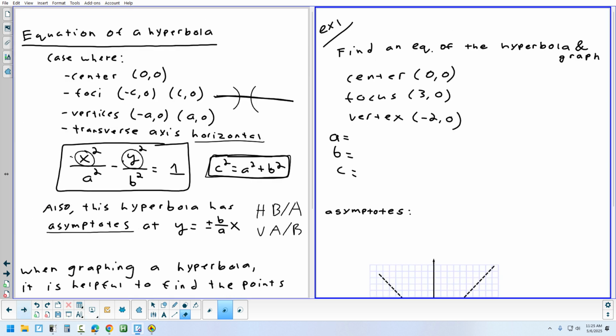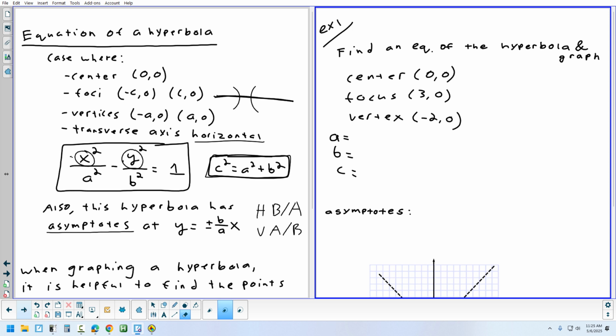All right, so let's try some examples. So the first one, we'll find the equation, and I will graph it. Okay, so we've got our center, our focus, and our vertex. That is enough information to find the A and the C right away.